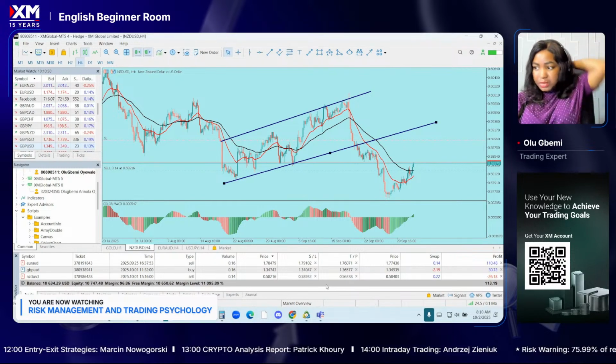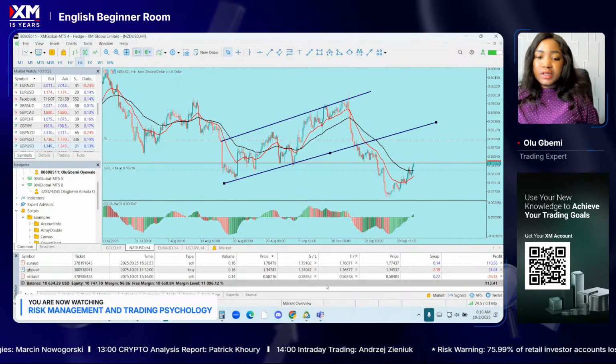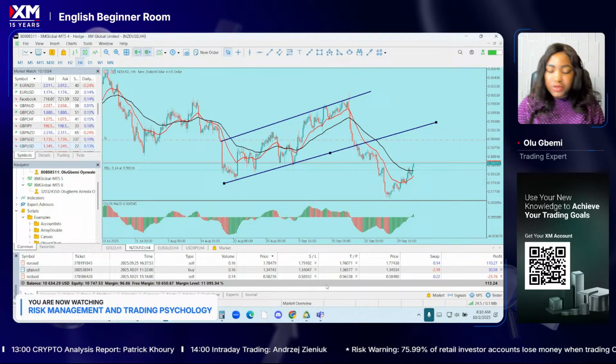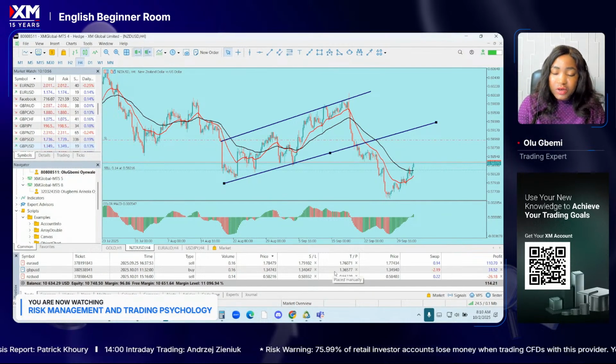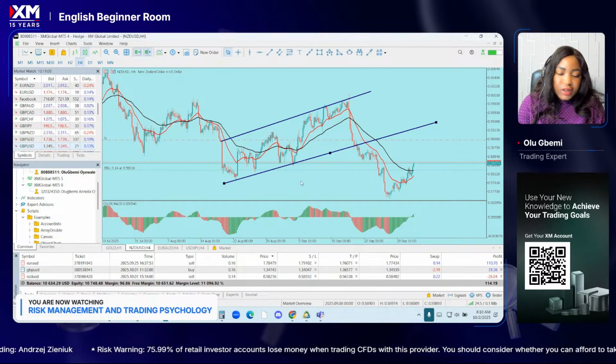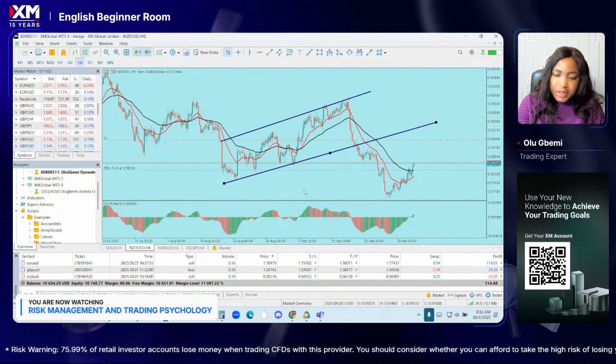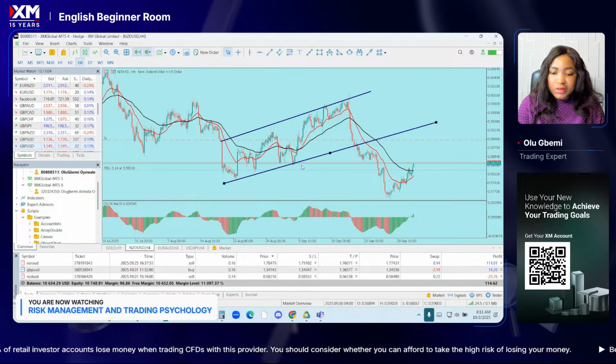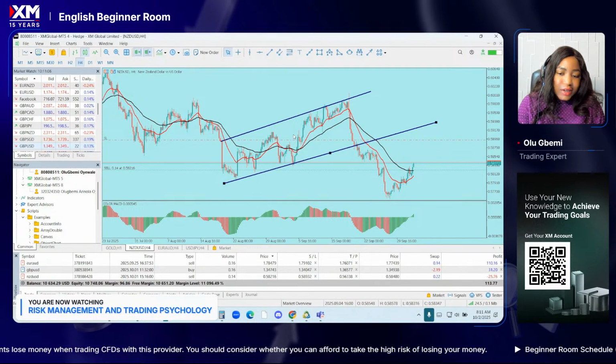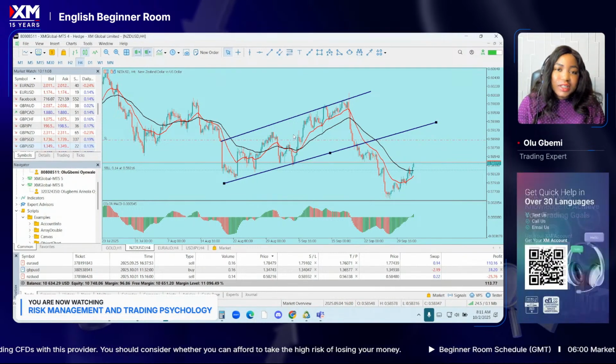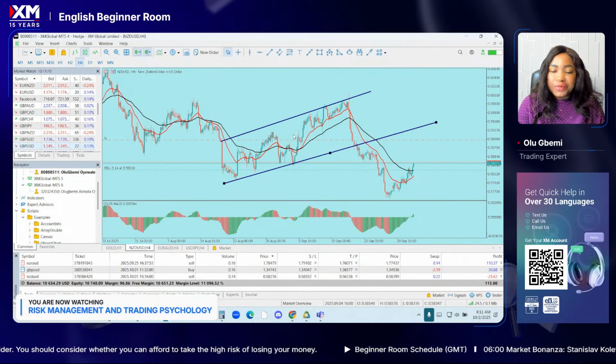A lot of the time, our mind plays tricks on us, such that you will tell yourself, oh, when it gets to this level against me, I'm going to close it. But then it gets to that level and you're still holding, still hoping, still praying and wishing that the market turns.